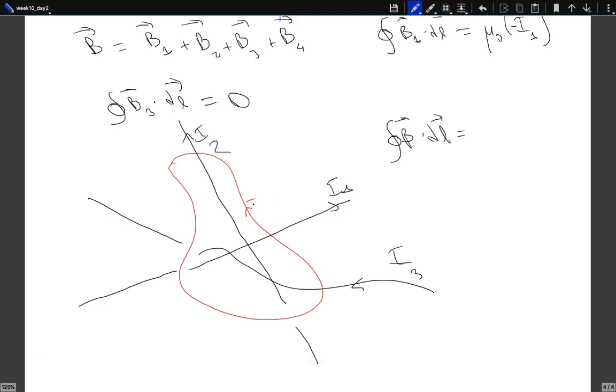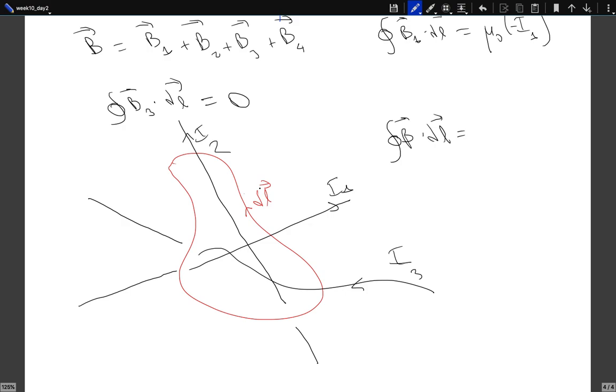What is the direction of positive current? Positive current is out of the screen, or from below to above. Negative current is from above to below.